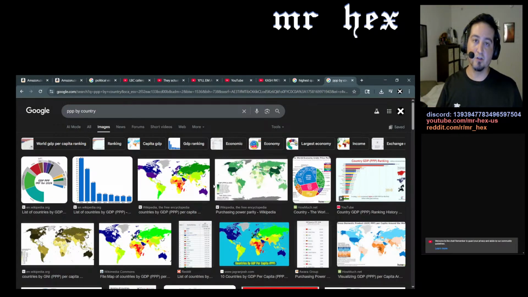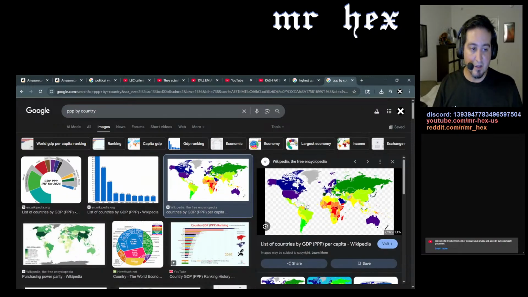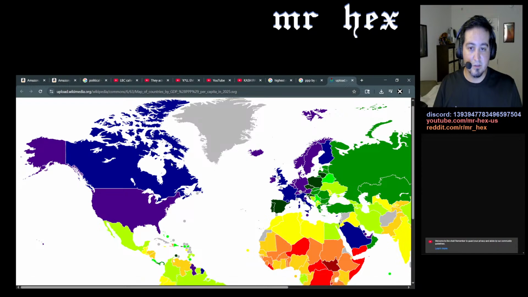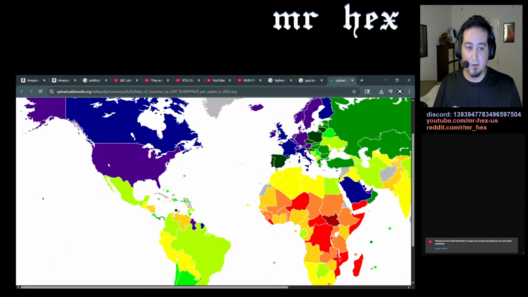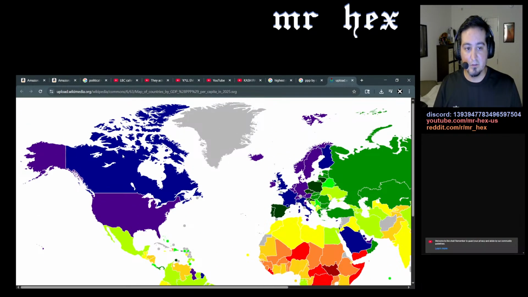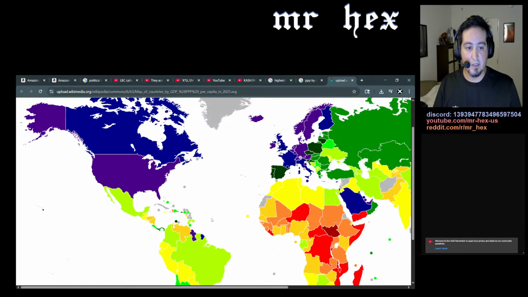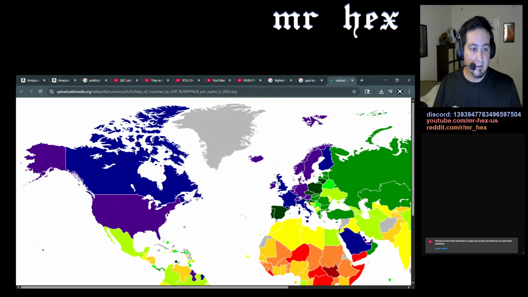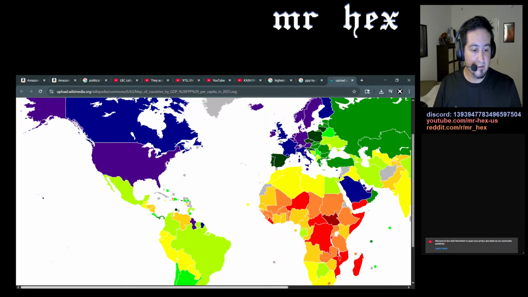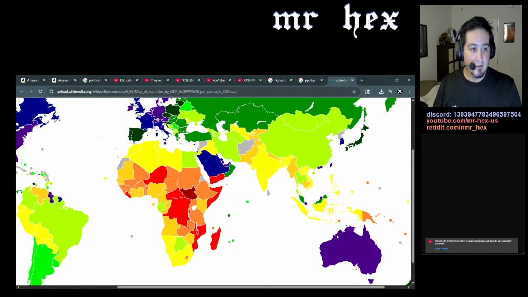Liechtenstein's a smaller country though, so you want to do GDP per capita. When you do, again, the more liberal countries tend to have higher GDP per capita. Canada, United States, European countries, Australia, Japan, right?